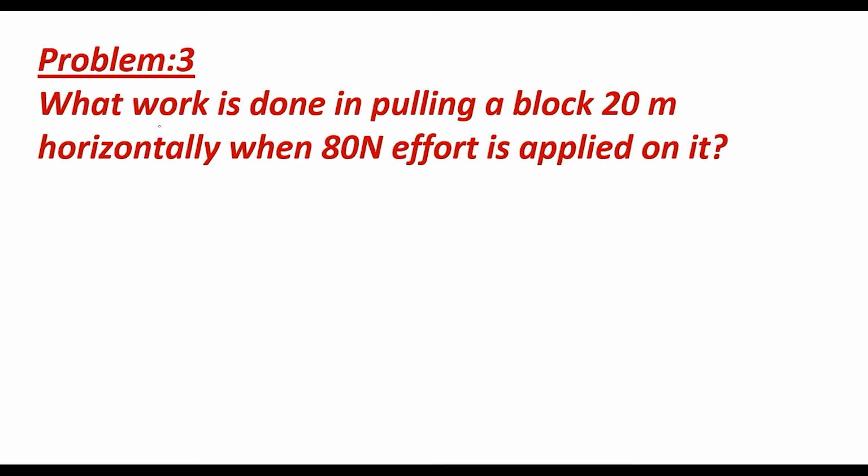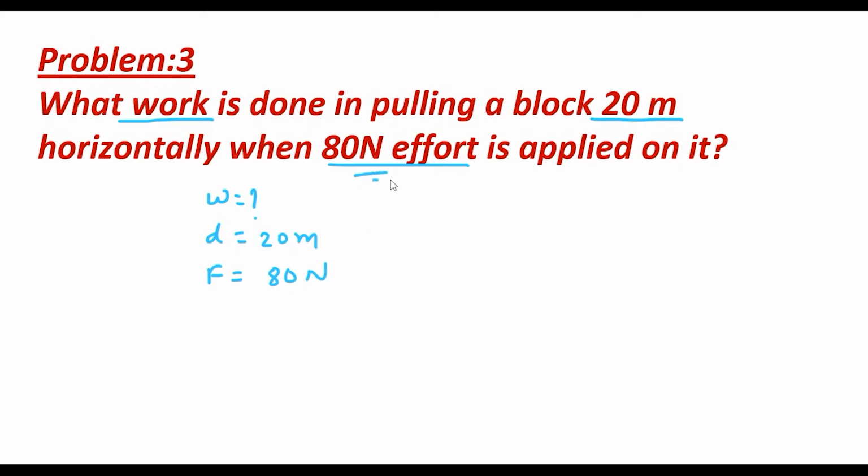We have to find the work in pulling a block 20 meter horizontally. 20 meter is the distance. Distance is given as 20 meter horizontally, and 80 Newton effort means force is given. Effort means force applied.